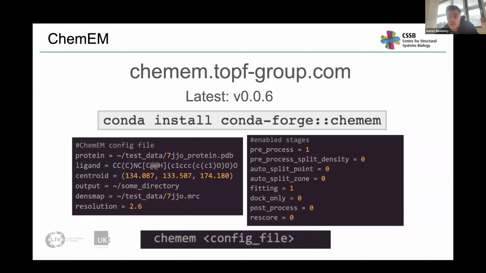What we can do is split these by disconnected densities and only include for the docking phase the densities either closest to your given point or within a radius of a given point. Sometimes it helps with accuracy. Then there's fitting, which is the docking, and then dock only if you don't want to use CryoEM data, and post-processing, which is the MD protocols.